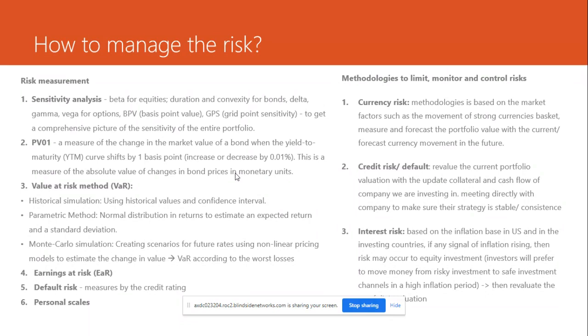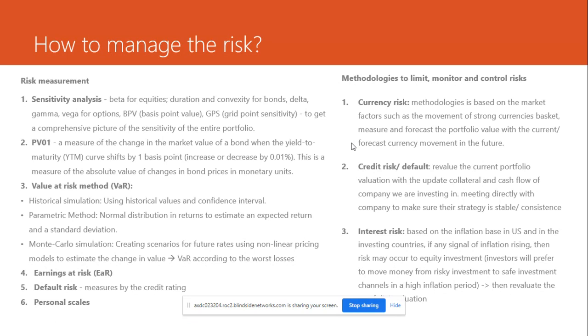So if we are talking about currency risk, the methodology is based on market factors, such as the movement of the strong currency baskets like USD, JPY, Euro. Measure and forecast the portfolio value with the current rates, and the portfolio manager also needs to forecast the currency movement in the future.